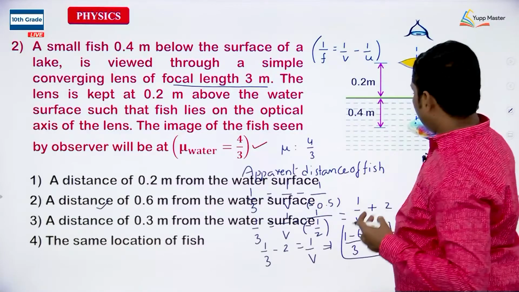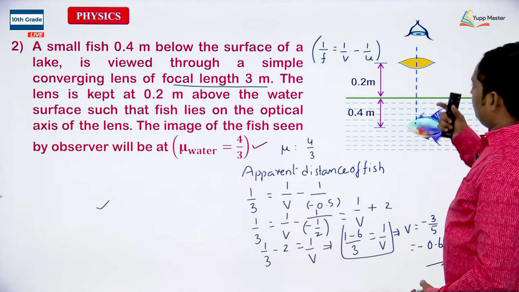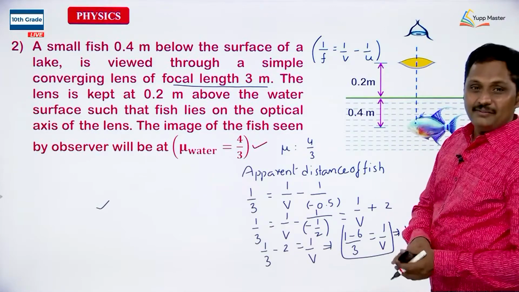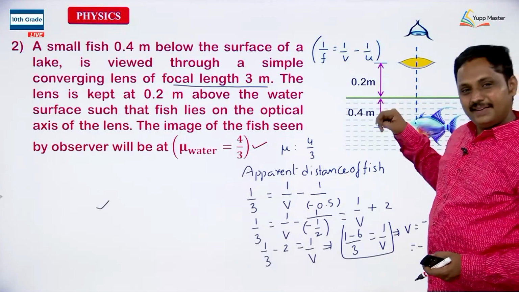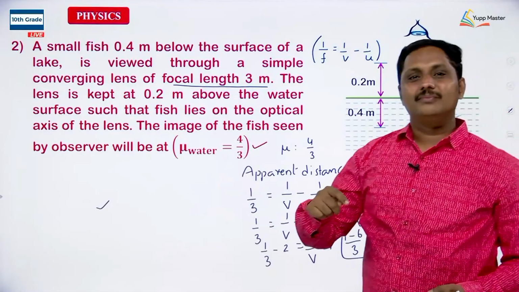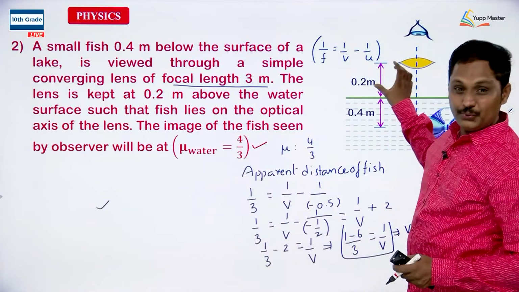Now, you can go for this formula once again. Very simple, we have taken that apparent distance, and the apparent distance is nothing but u, we are going to get that u.